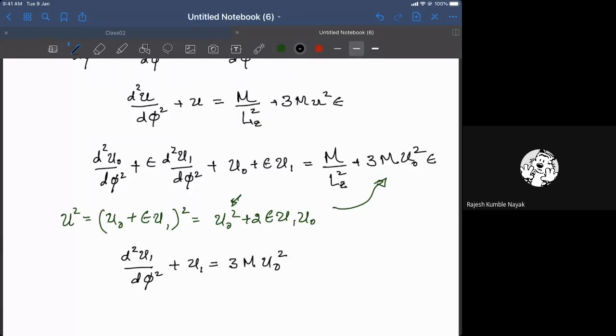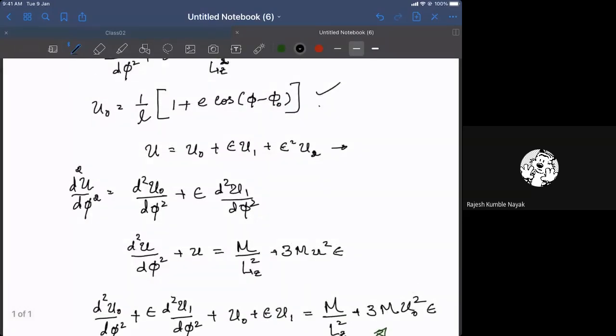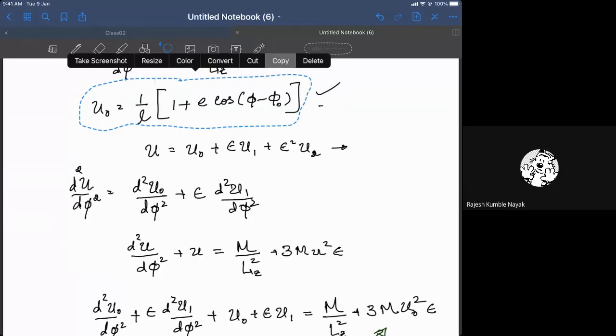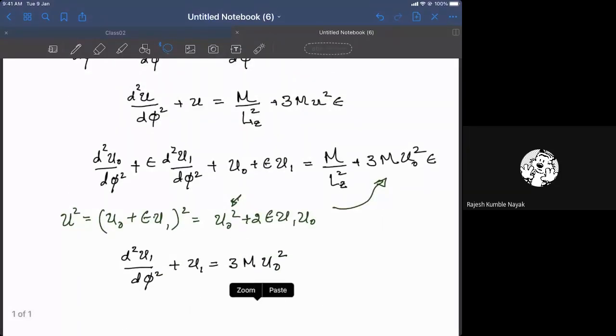This u0 we have here needs to be substituted, and then you need to solve this equation.